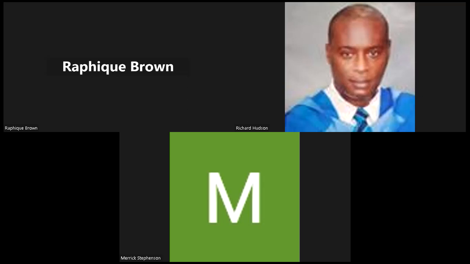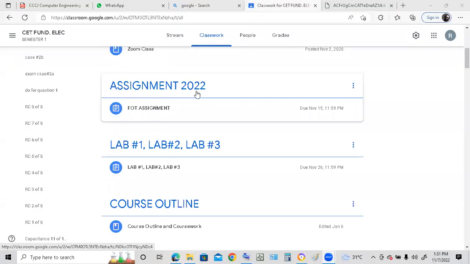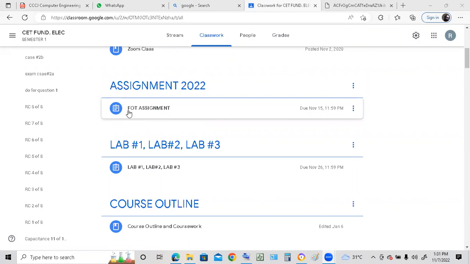All right. So if you look in the group now, you'll see it: Assignment 2022. So let me just share this again now. If you look right here, it says Assignment 2022, FOT, Fundamental of Technology. Well, this is supposed to change.